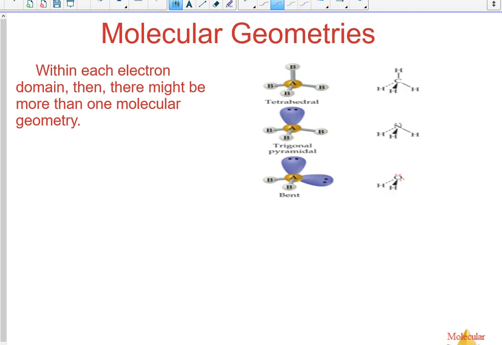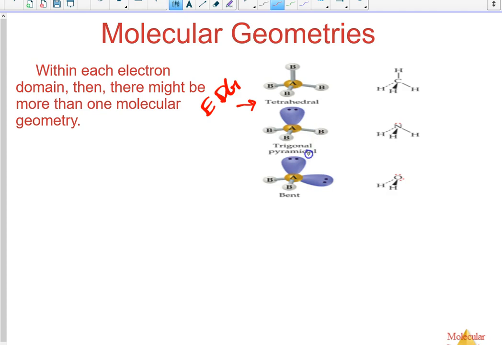All right, so here we go. If we have tetrahedral electron geometry or domain geometry, we can have 3 different types of molecular geometries.